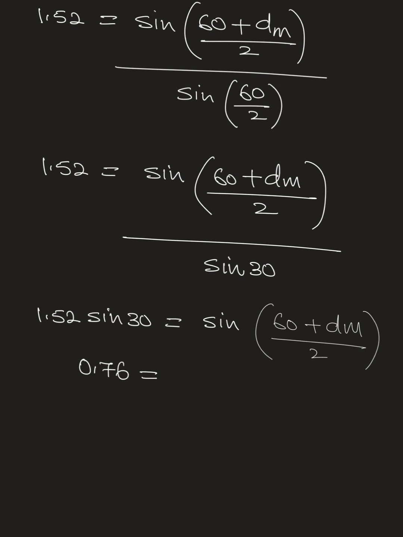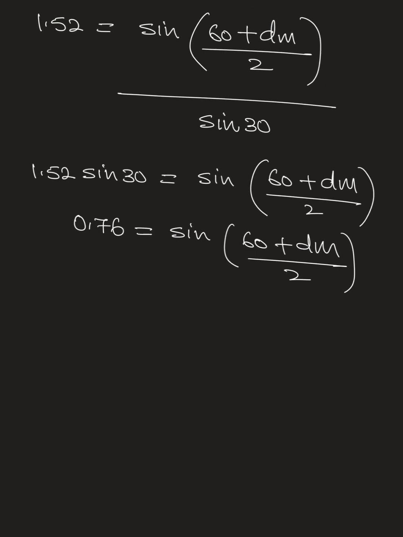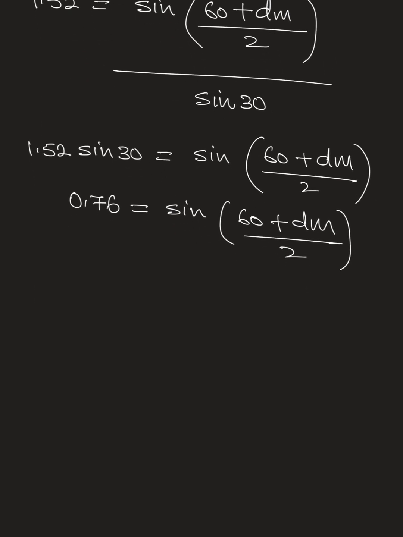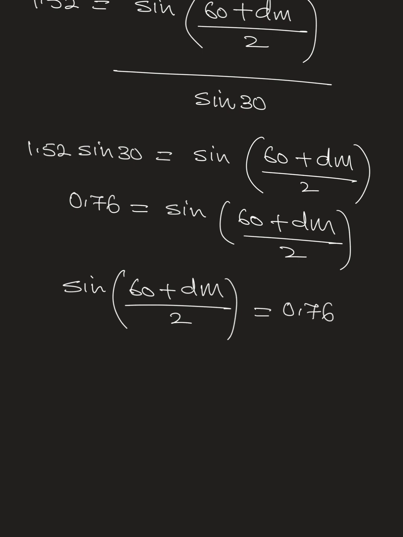This is equal to sine 60 plus dm divided by 2. So we can rewrite this as sine 60 plus dm divided by 2 is equal to 0.76.